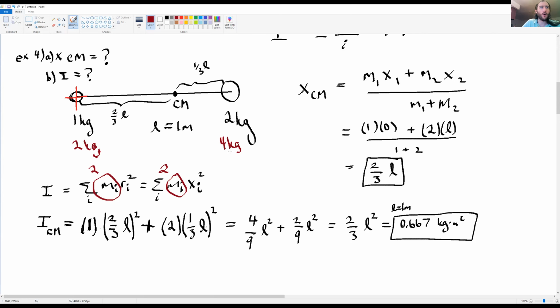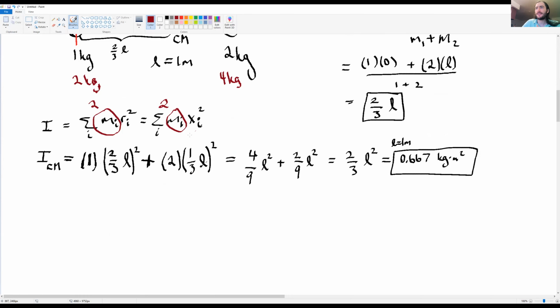As long as we double both of them, then the moment of inertia would increase by a factor of 2. So doubling the masses means we get double the moment of inertia.